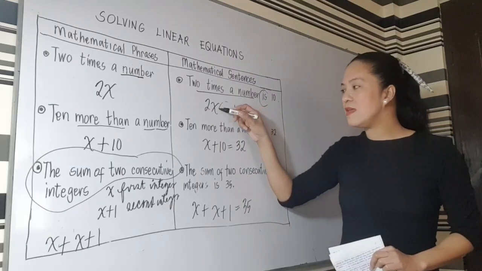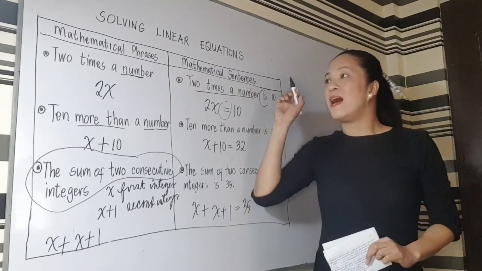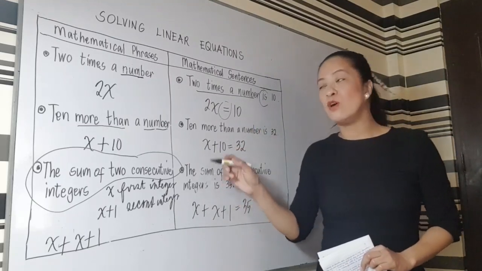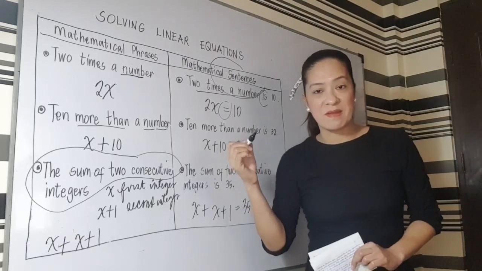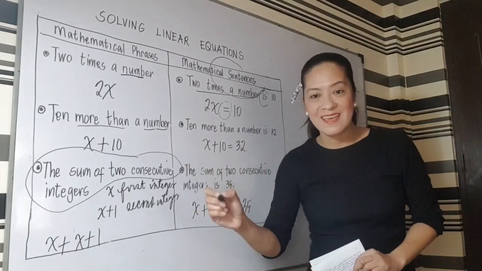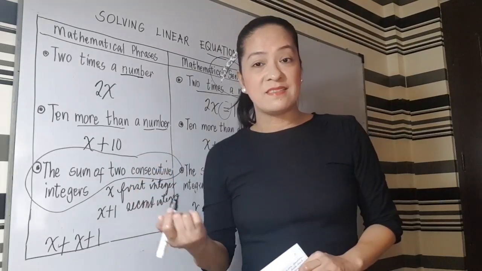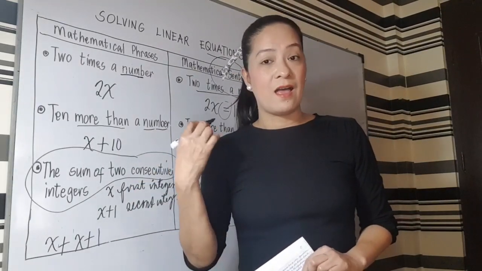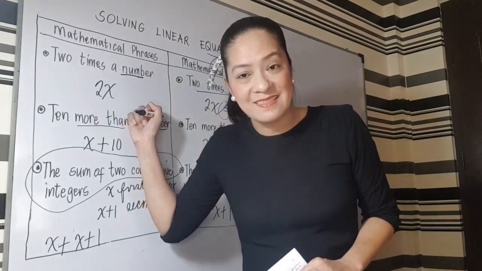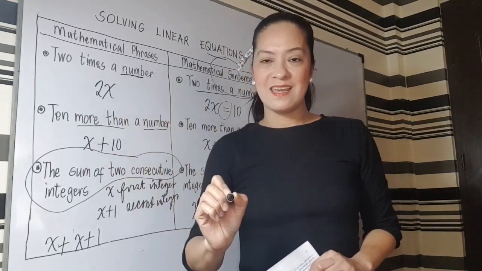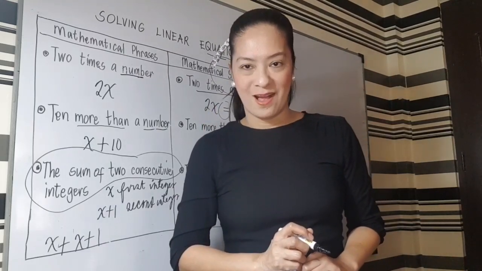There should be the equal sign, para masabi natin na ito ay sentence. Therefore, if it is a mathematical sentence, it is an equation. Hindi ba, sabi ko nga kanina, an equation is a mathematical sentence stating that two quantities are equal.